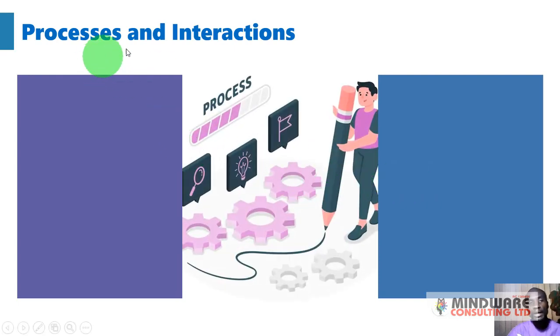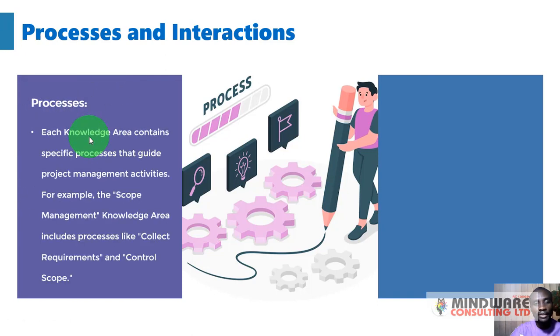All right, so let's look at another key component, which has to do with processes and interactions. Now, the knowledge areas we just talked about contain specific processes that guide project management activities. For example, the scope management knowledge area includes processes like collect requirements and control scope.